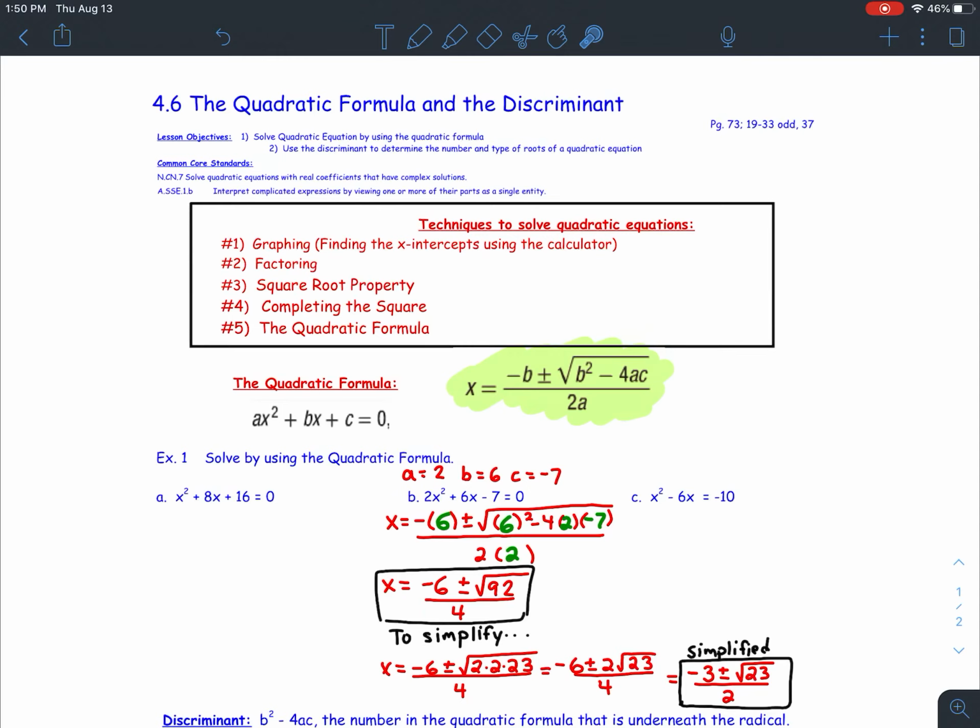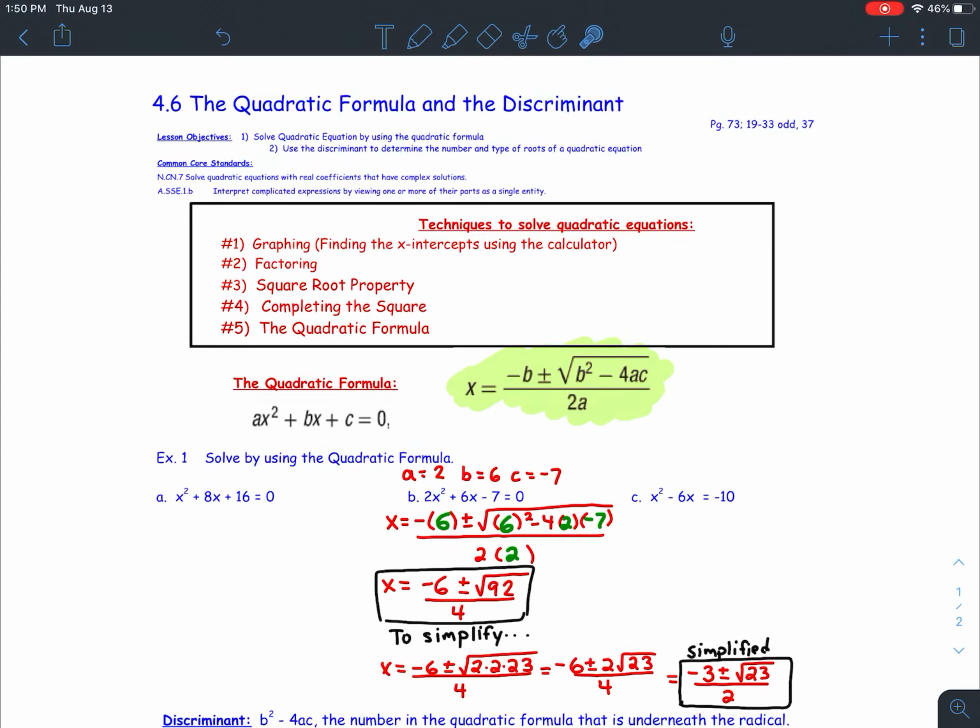Okay, the quadratic formula is a formula that you should make sure that you commit to memory. You would be expected to complete these problems similar to how you're going to see me demonstrate here today on the notes. If you happen to have the quadratic formula program on your calculator, that is not a permissible way of doing these problems.